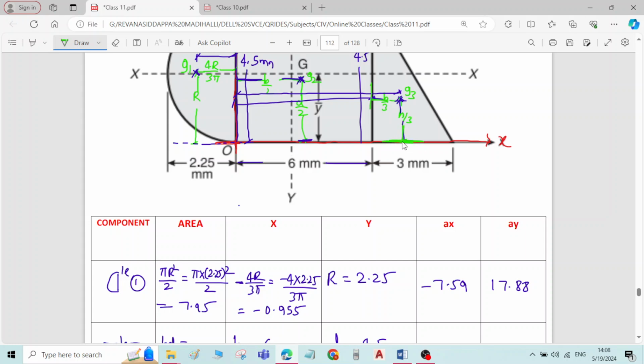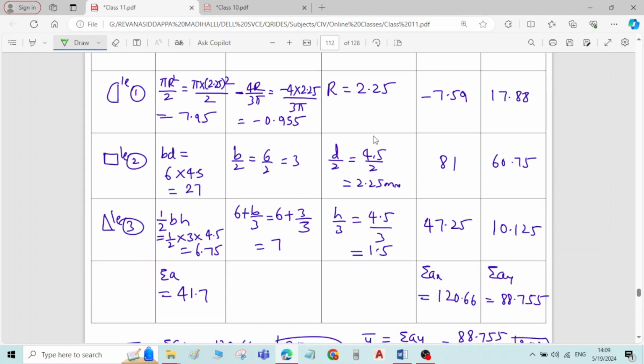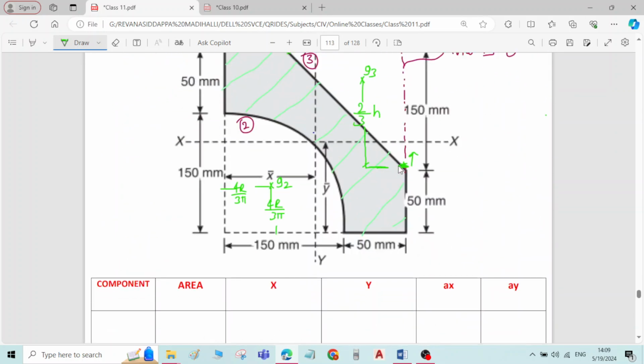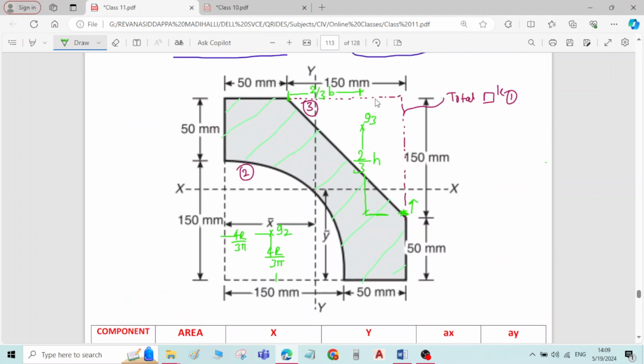Even for the y bar formula, it is coming from the line only. This is the line, correct? From the line it is 1/3 of height, h by 3. Even x bar is equal to b by 3, because it is coming from the line. But in this case, the distance is coming from the point of the right angle triangle.